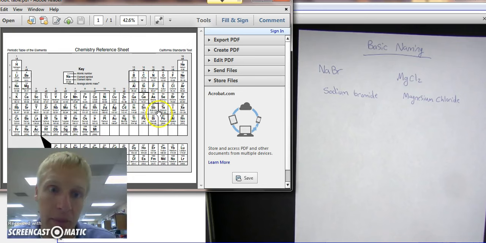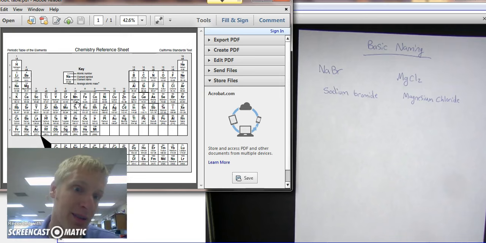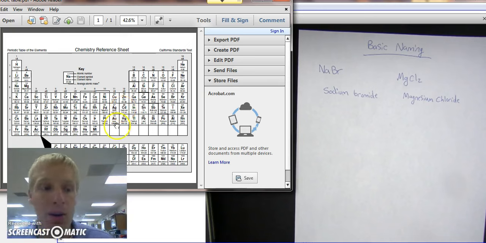Left of it are metals, and right of it are the nonmetals. This basic naming applies for ionic compounds where you have a metal in column 1 or 2 bonded with a nonmetal. There are exceptions, and we'll get to those. One is scandium. You're going to use the basic rule for zinc, cadmium, and silver too, but we'll talk about those when we talk about Roman numerals and transition metals.